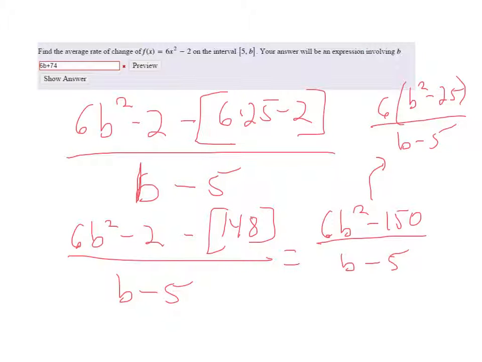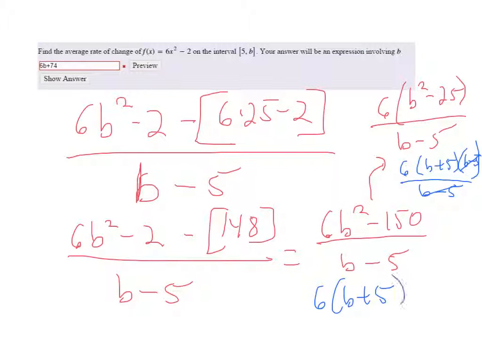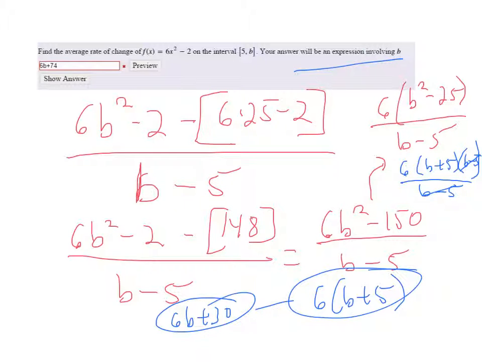Then what I'm seeing is a difference of two squares. So I'm going to write this as 6 times b plus 5, b minus 5, all over b minus 5. The b minus 5's cancel, so that leaves me 6 times b plus 5. It doesn't say you have to simplify it, so you could write that in. You could also distribute that and get 6b plus 30. All right, so I think that's the answer.